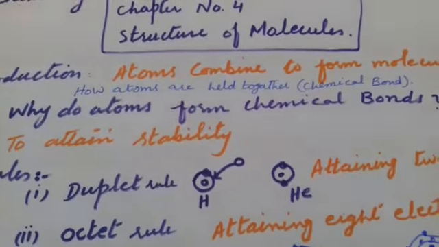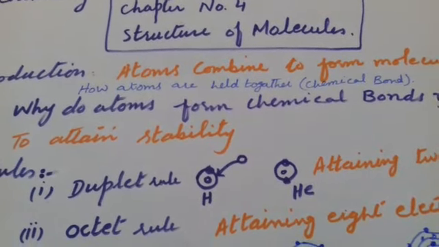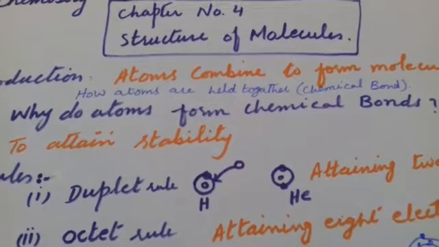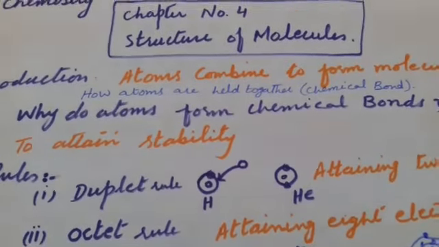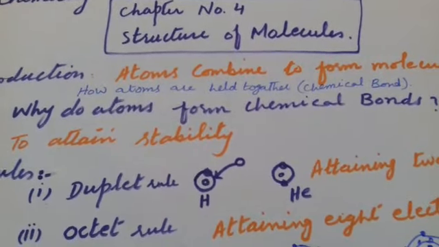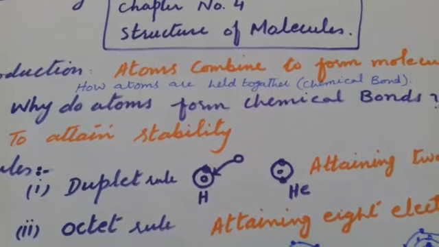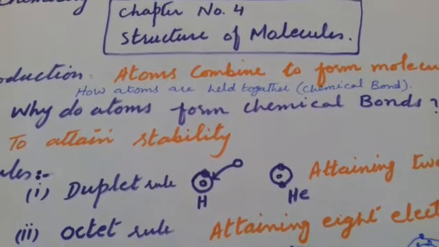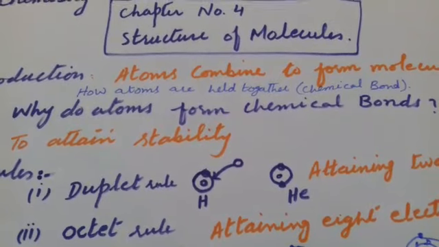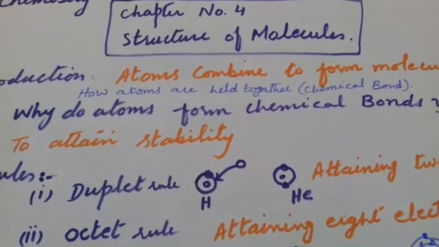For example, water flows from height to the ground, and electric current flows from the higher potential to the lower potential. Similarly, in chemistry, atoms try to stabilize themselves by attaining the electronic configuration of noble gases.